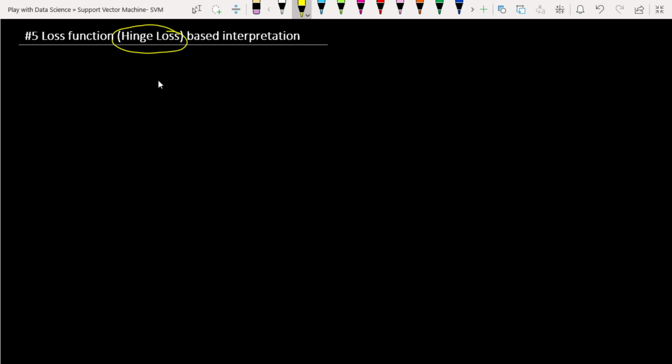If you remember from the previous series of lectures on logistic regression, there we take the loss function as logistic loss, plus some regularizer.